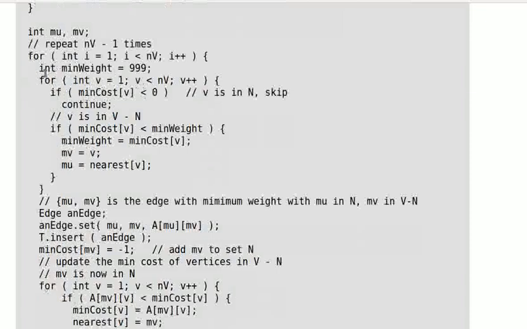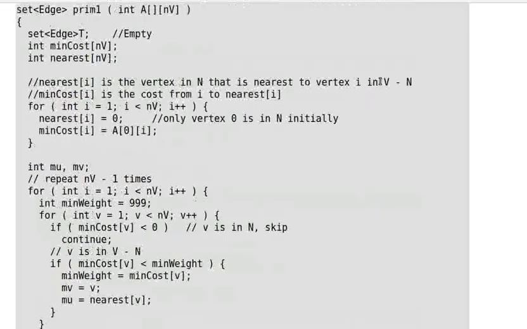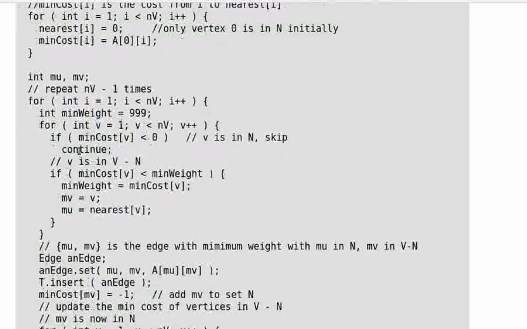To start, we set minimum weight to be infinity, 999 here, and we check all the vertices, but if the vertex is in N, then we skip it, because we just need to consider the vertices in V minus N. The trick here is that if the vertex is in N, we set its mean cost to be -1. So if mean cost of v is smaller than 0, then v is in N, we skip it.